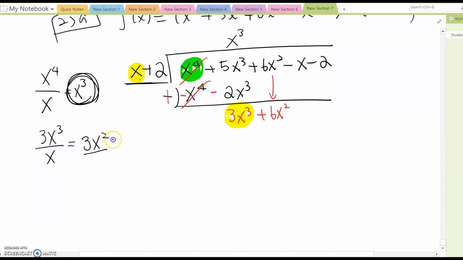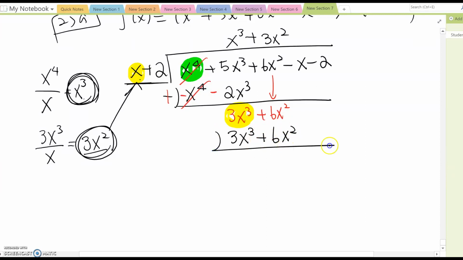So you put this in the quotient area, plus 3x^2, and multiply this quotient value with the divisor again. Then this becomes 3x^3 plus 6x^2. As you know, we subtract, which means switch their signs.